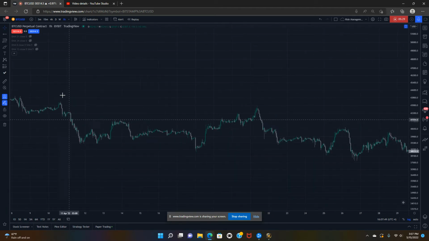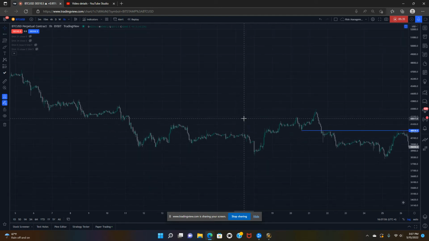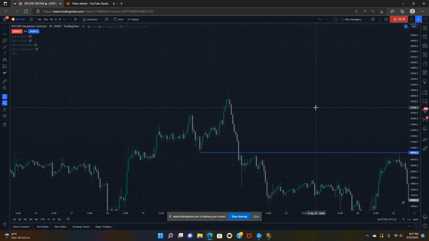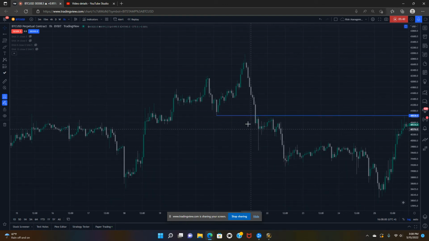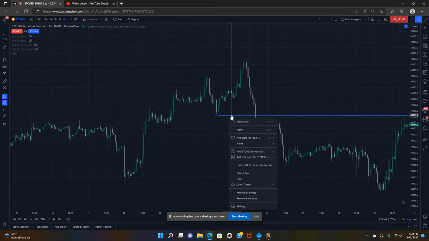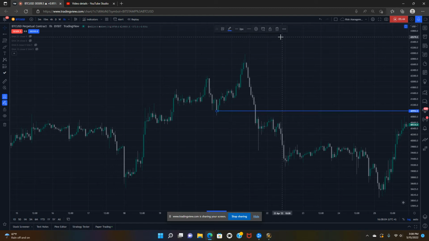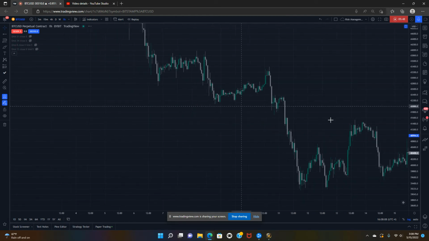Yeah, so essentially you see that right here. You get your point of release right here. Price comes up, reclaims that level, sells off.